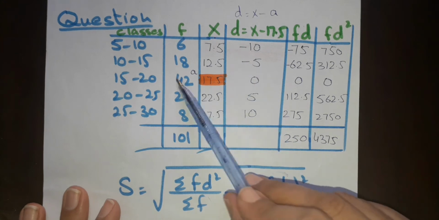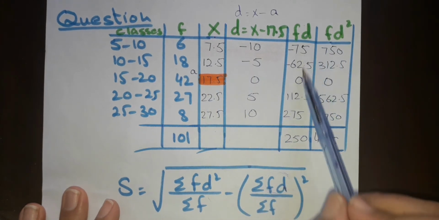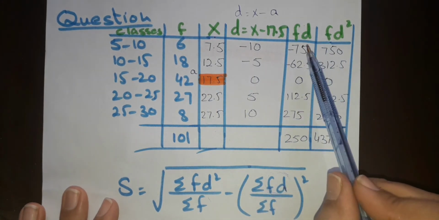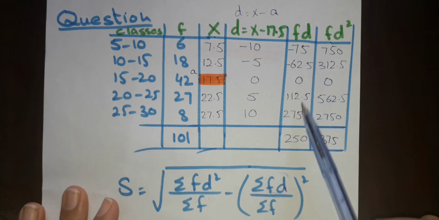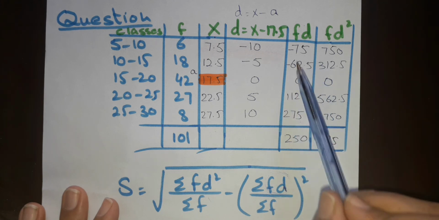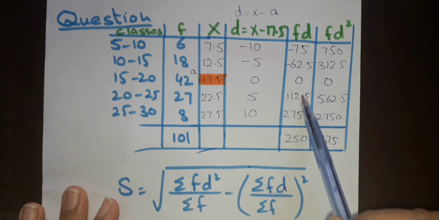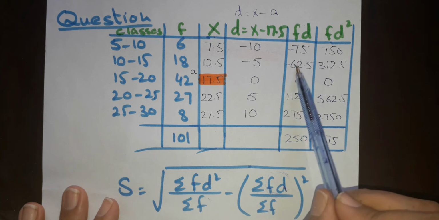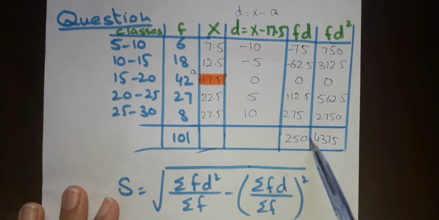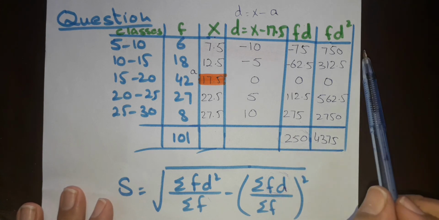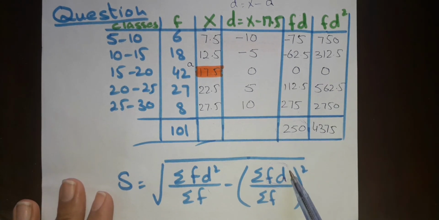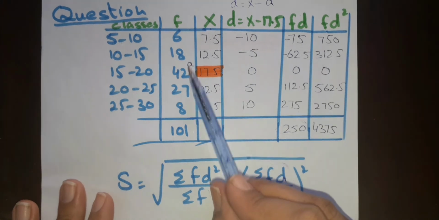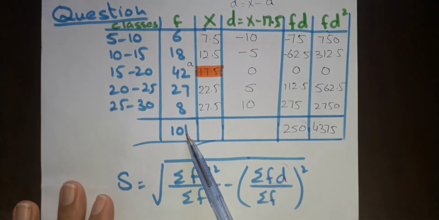Now multiply these two columns and write here. Then add: both of these have plus sign and both of these have minus sign. First add the plus ones, then subtract this one, and I got the result 250. And I will put this one here. Summation F, sum the column of F, and I got the result 101.